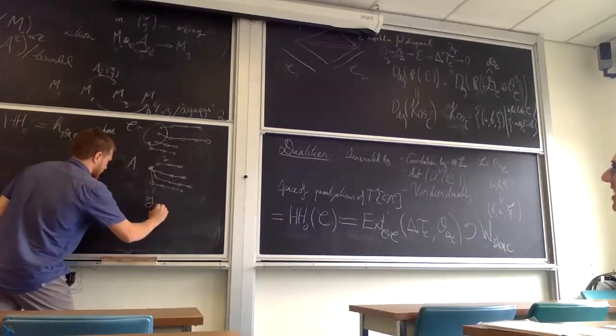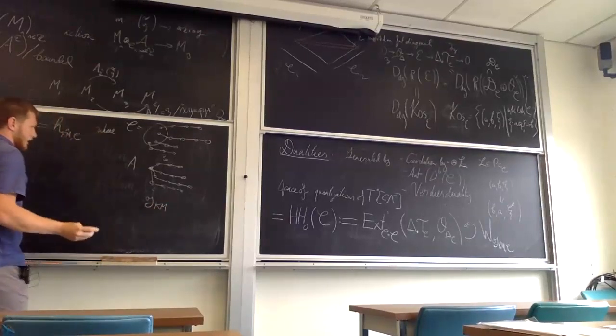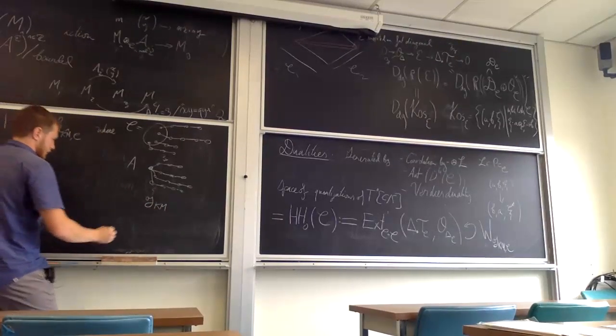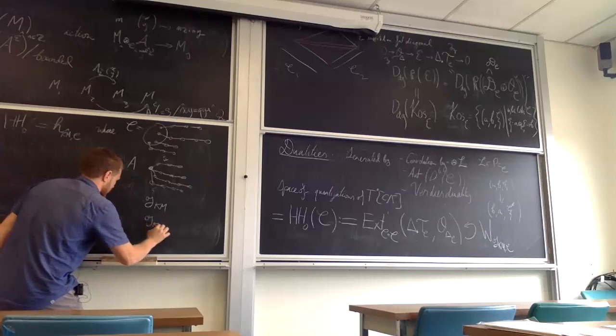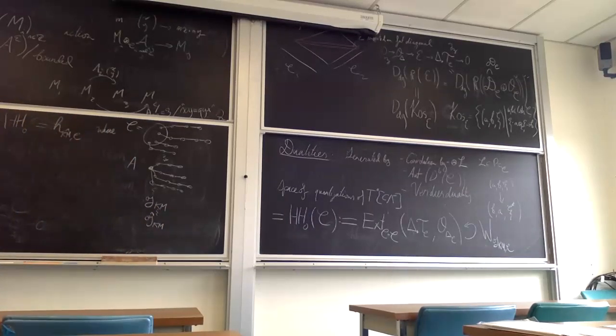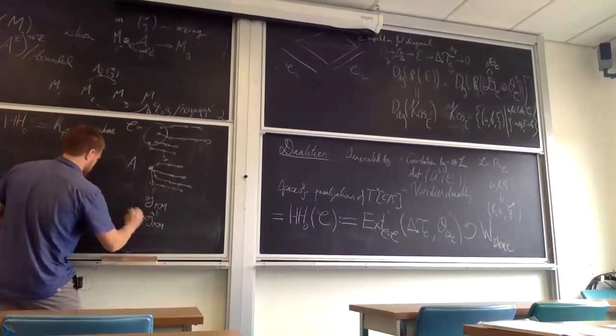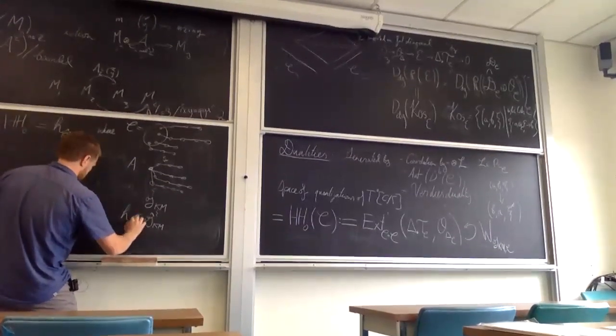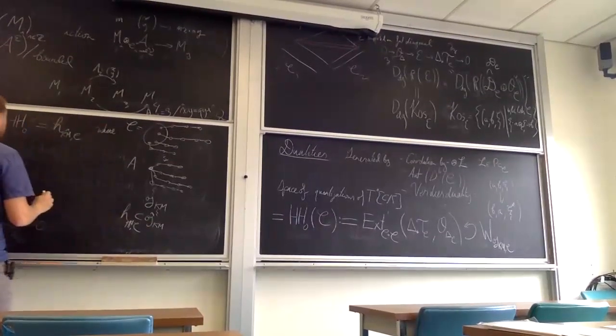Out of this, we're going to get a Kac-Moody algebra, and then we're going to take the algebra of loops into that Kac-Moody algebra, so the affine Lie algebra associated to a Lie algebra with a symmetric invariant form. And then inside of here, we're going to take H KMC.